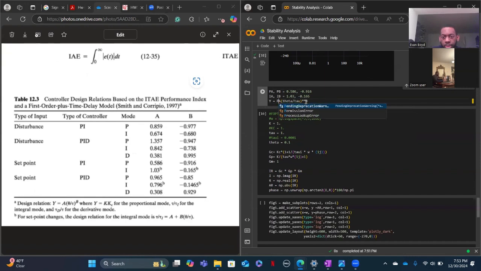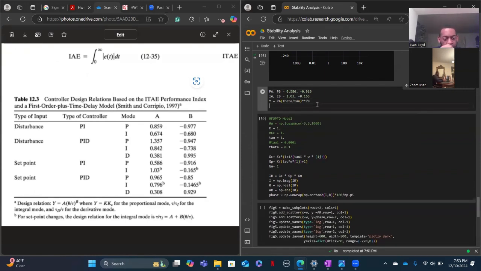So I'll put the P in front of the A and B. And we know that we're trying to find KC. So KC is just equal to Y divided by K.